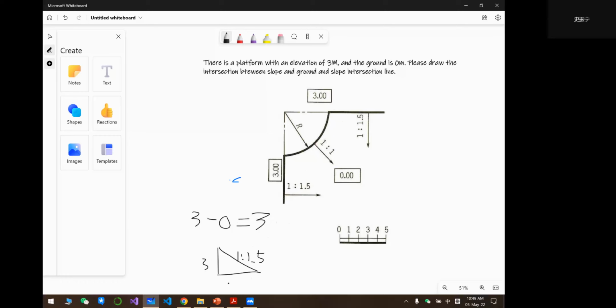So how about this distance? 4.5. Great. Now we use the scale ruler to measure a distance the same as 4.5. I will put this line here and then draw the vertical line.